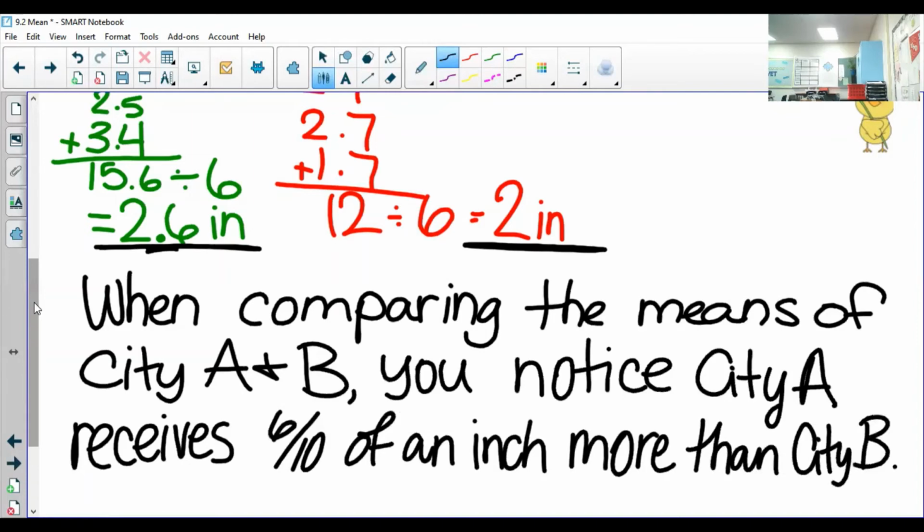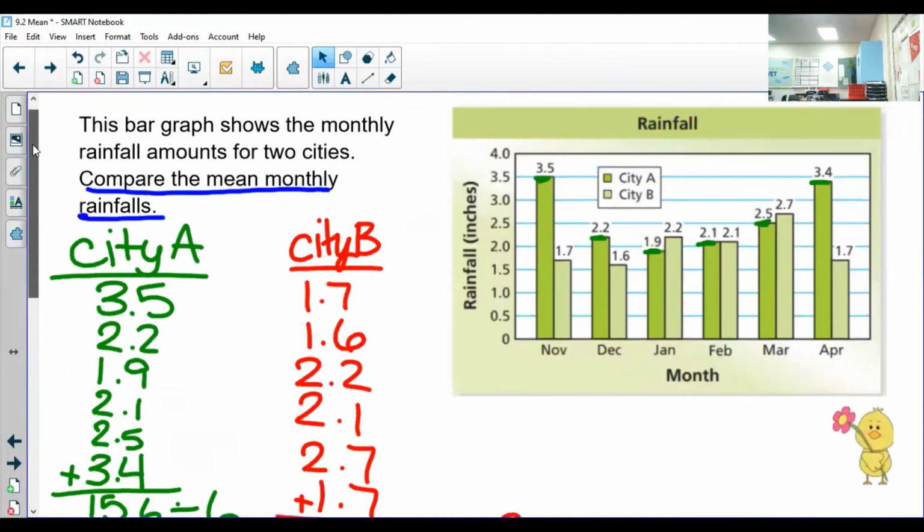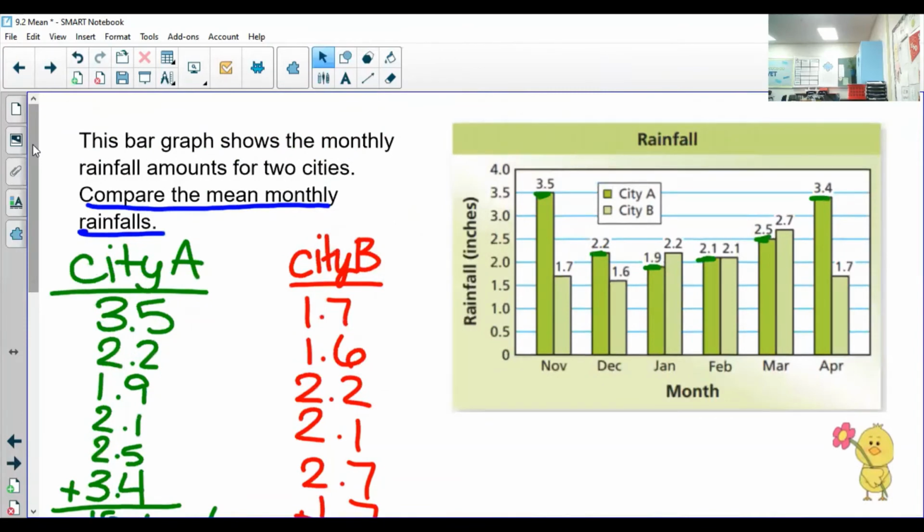Okay, that's how you compare them. You do the mean of both, and then see what's the difference between the two, okay?